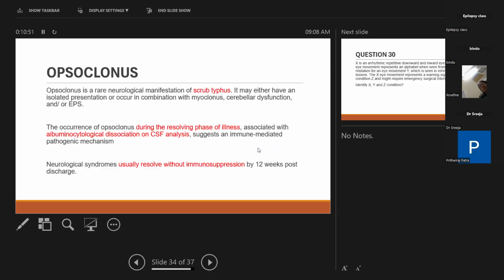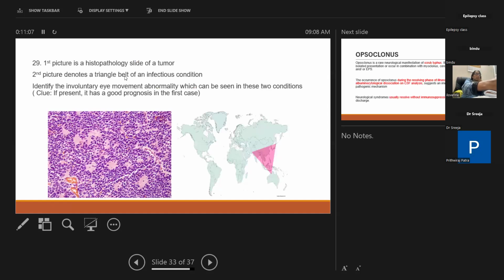So the condition is opsoclonus, which is a rare manifestation of scrub typhus, and it occurs during the resolving phase of the illness, and albuminocytological dissociation will be there. COVID-19 cases are also reported. Small blue round cell tumors, madam. Yes, ma'am.